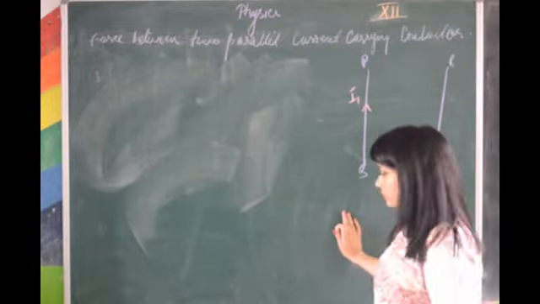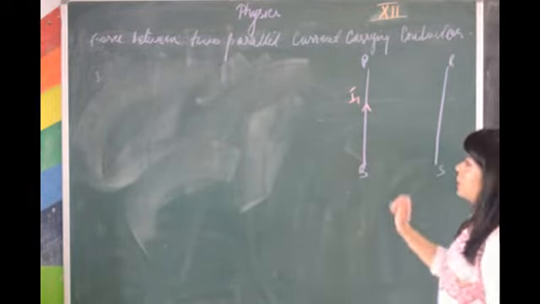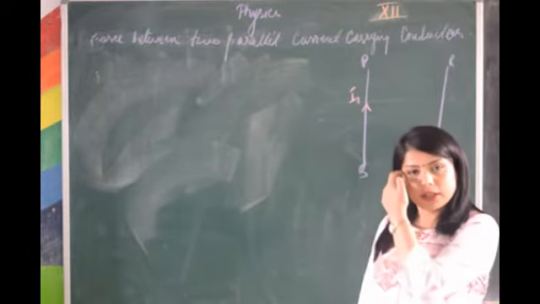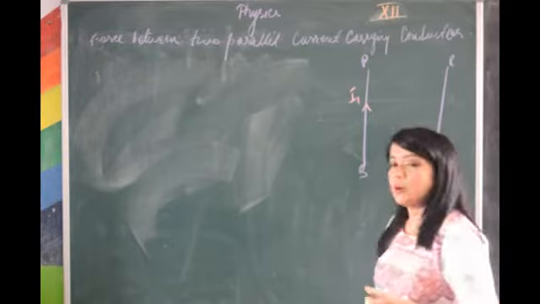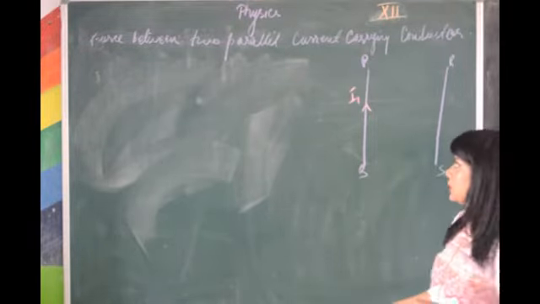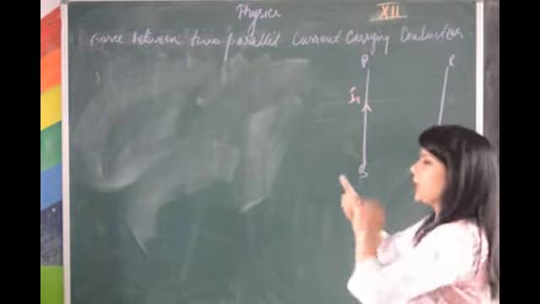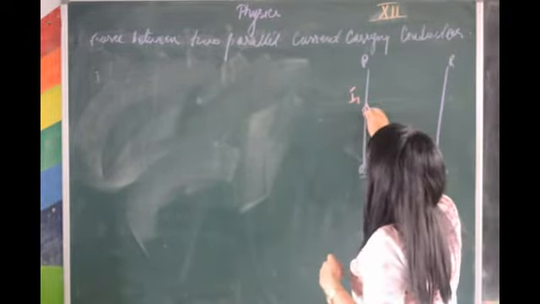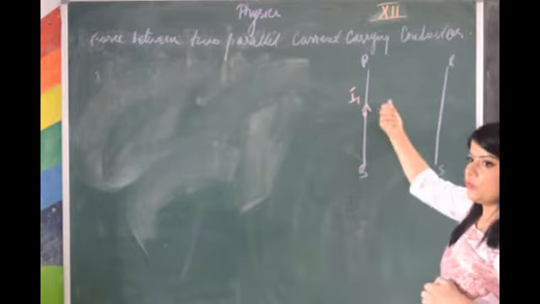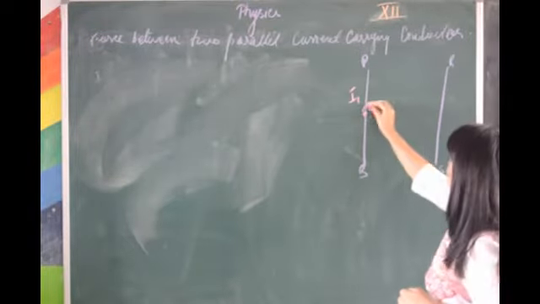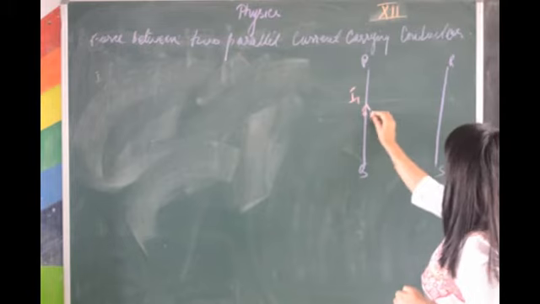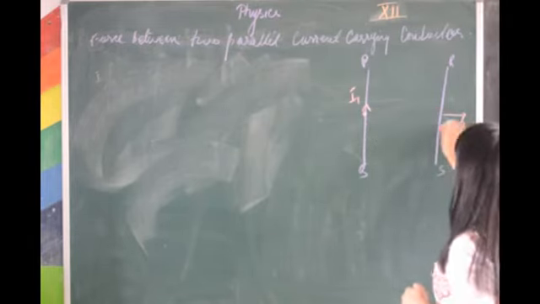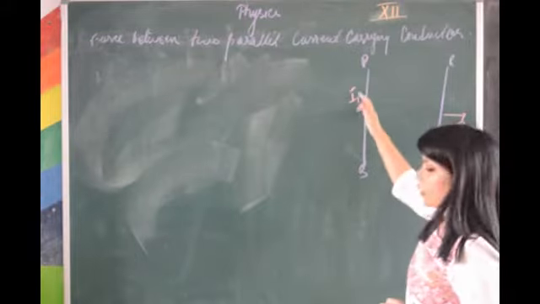We can determine it using the right hand thumb rule. If you apply the right hand thumb rule, the direction of the magnetic field will be inward, like a dot. So magnetic field B1 will be in this direction, due to current I1.